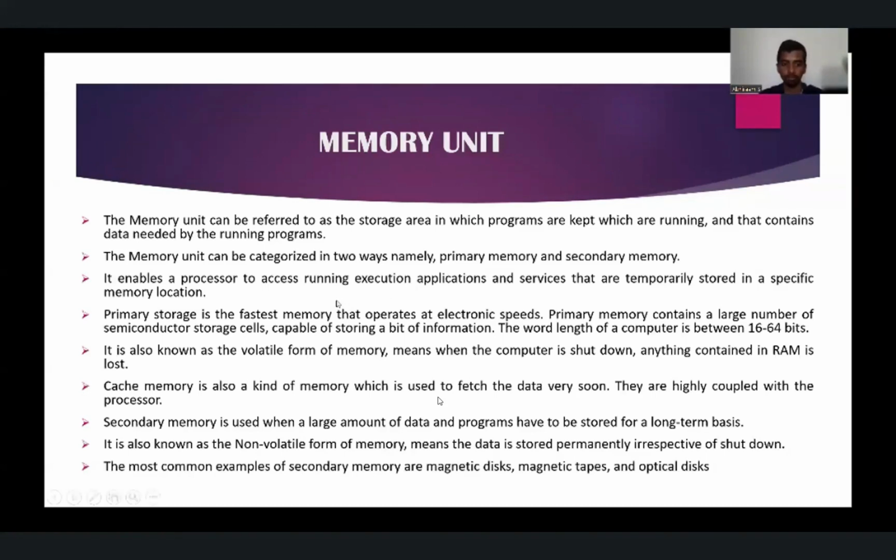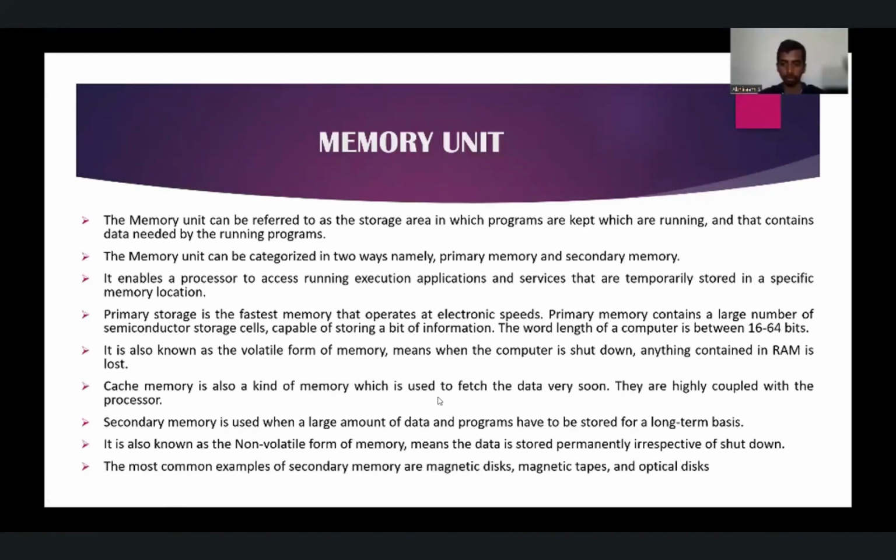So primary storage is the fastest memory that operates at electronic speed. The access speed of secondary memory is less compared to the primary memory, because secondary memory has larger capacity whereas primary memory has less capacity, and primary memory is the fastest memory that operates at electronic speeds.